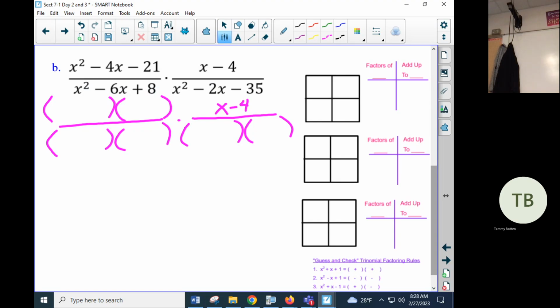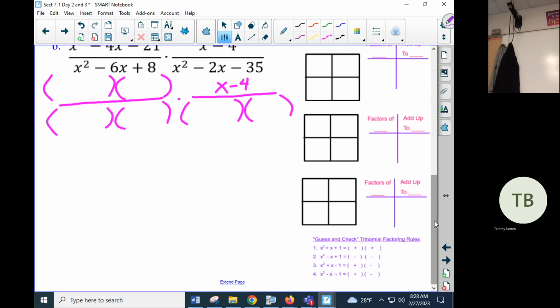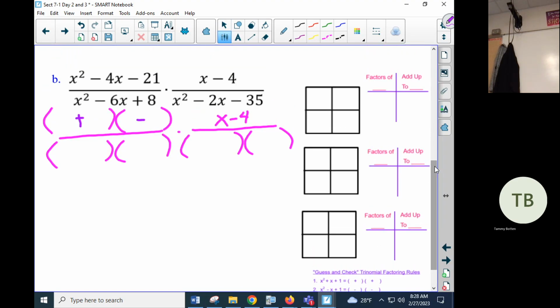Now, if I start with this top one, I have a minus and a minus, which when you have a minus and a minus, you have one of each. You have one plus and one minus. If you have x squared, you're going to have x and x. And what you're going to do is find 2 factors of a negative 21 that add up to negative 4.